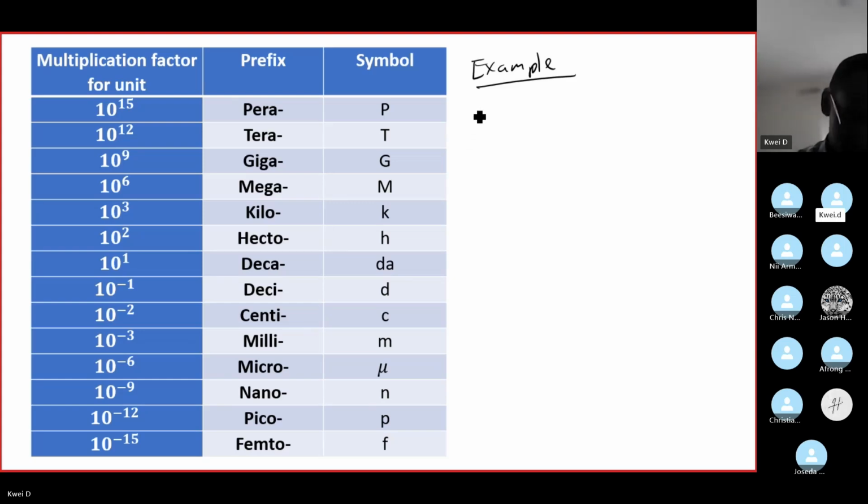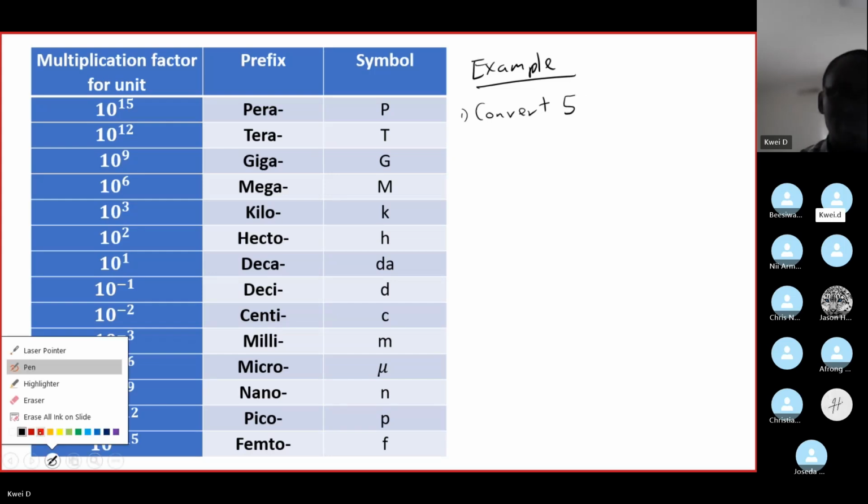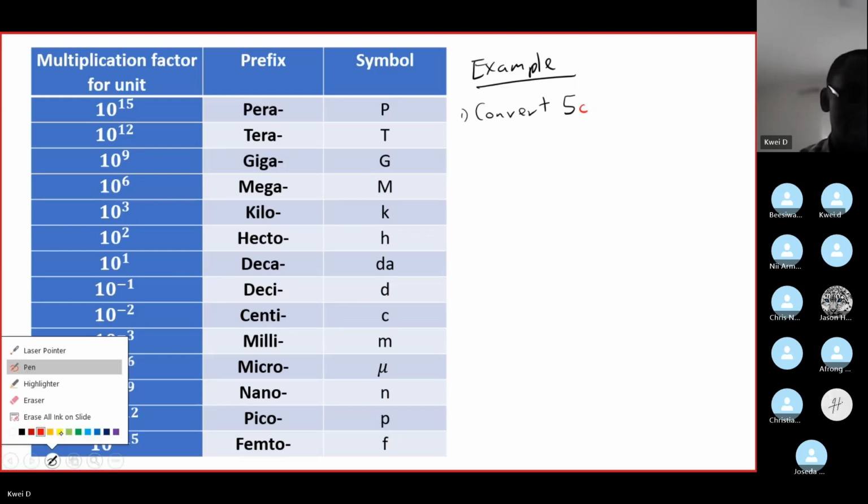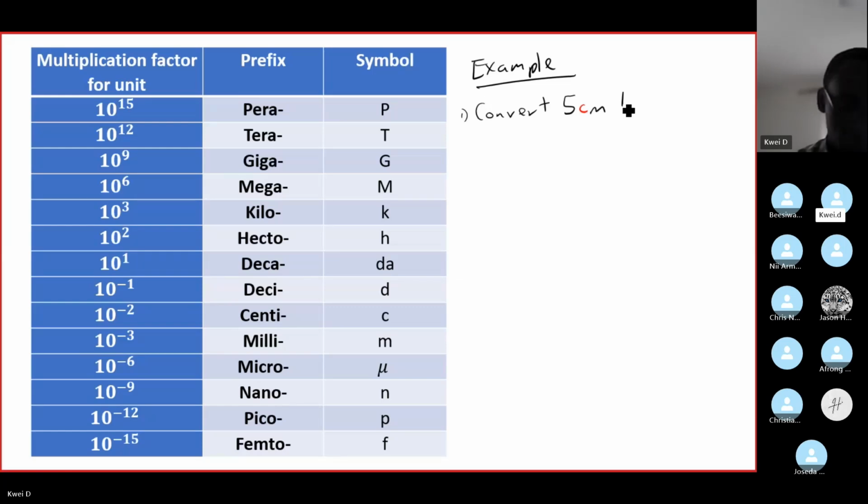So convert 5 centimeter. Let me make it simple for you. Centimeter to millimeter. Okay, so you can see the milli.